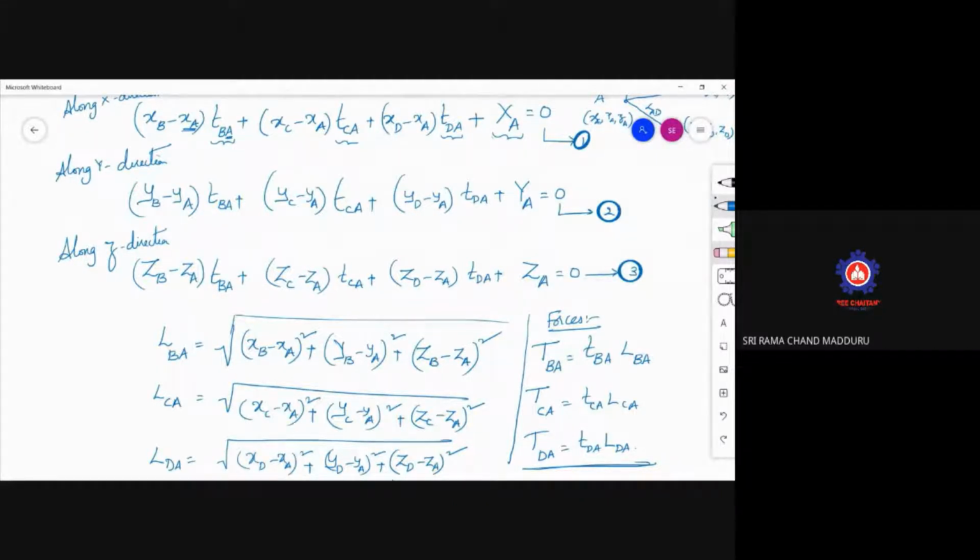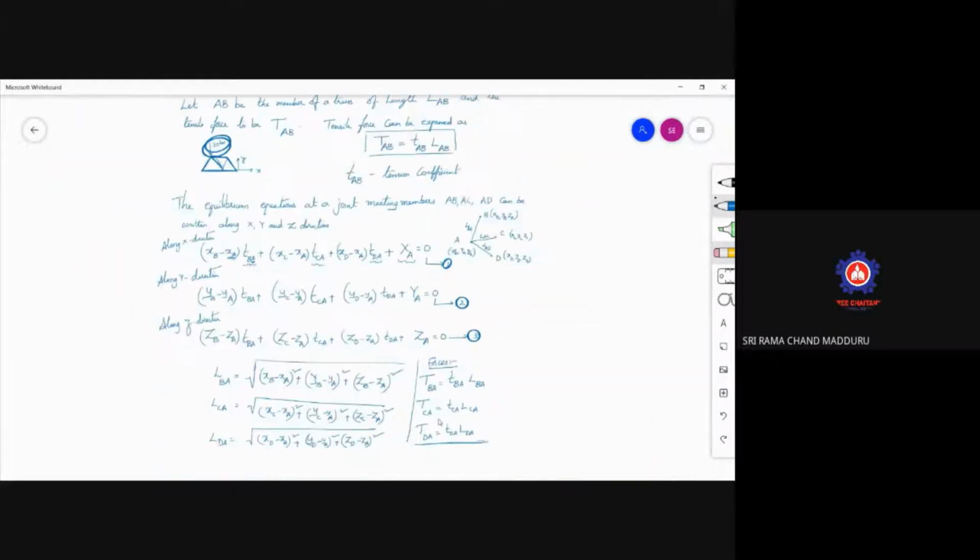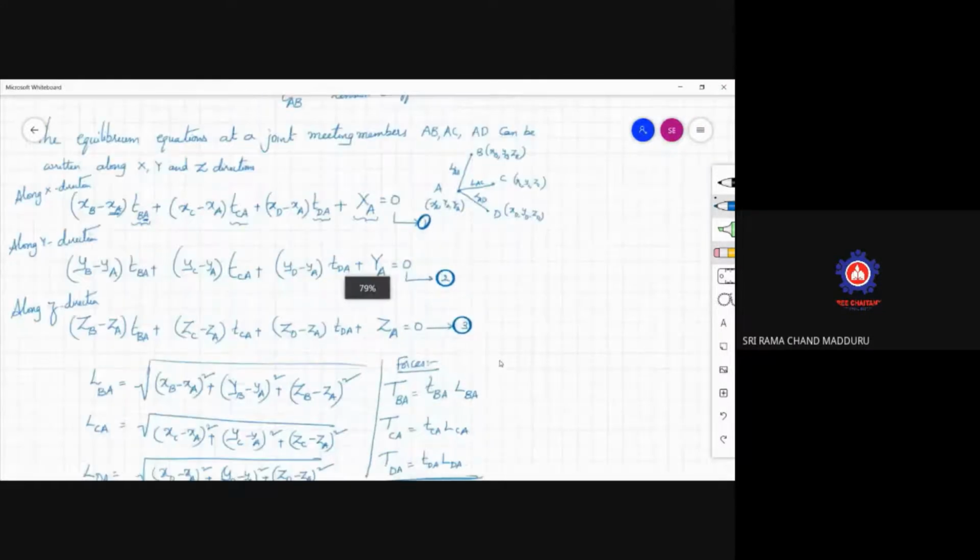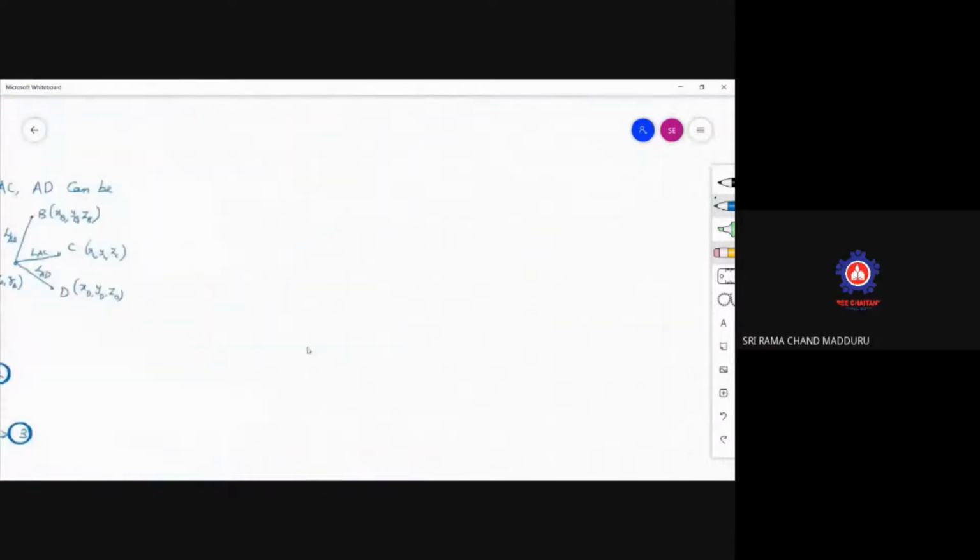Then equilibrium equations along x, y, and z directions are written. Using our equilibrium equations, the tension coefficients are calculated. The lengths of the members are considered. From the lengths of the members, the forces are calculated. Please make a note of the procedure of this method of tension coefficients.